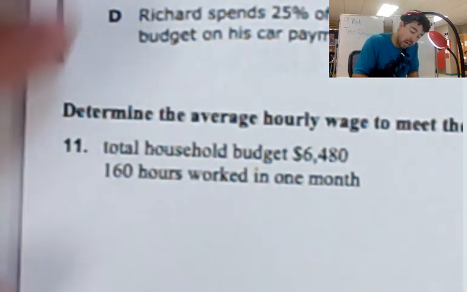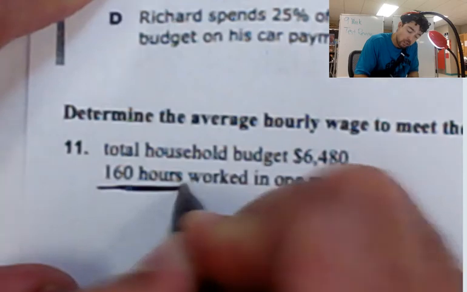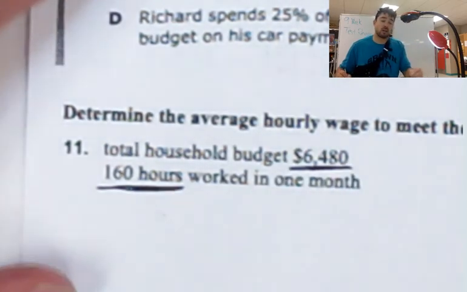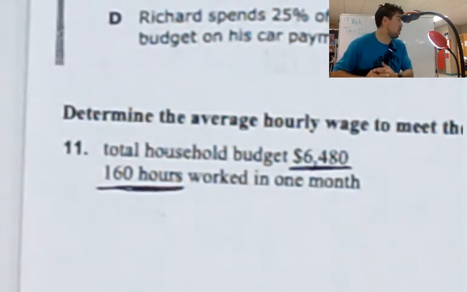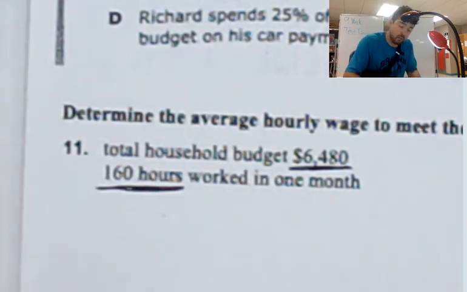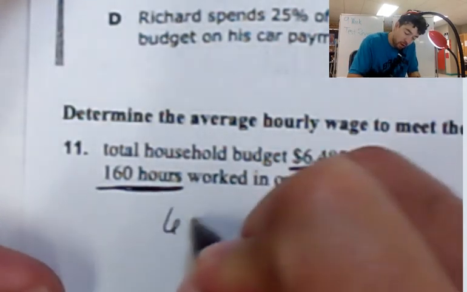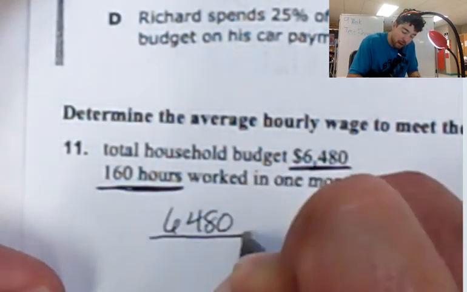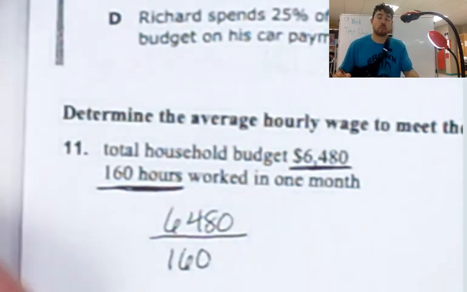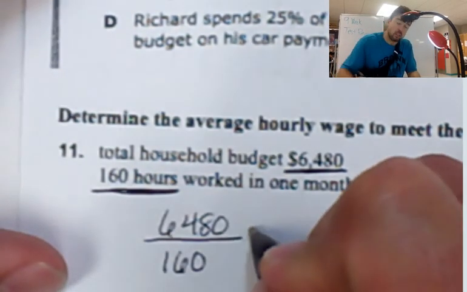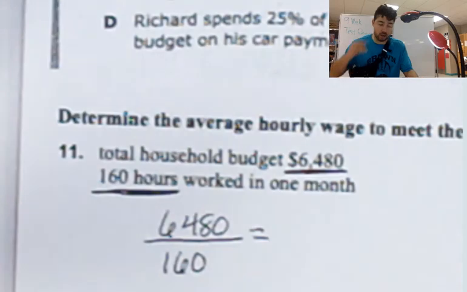And then it shows how many hours you worked. The way we're going to figure out how much you need to earn per hour is we're just going to divide. So you divide the budget, 6,480, by 160. You're going to do the division. I'm not going to do the division right now.